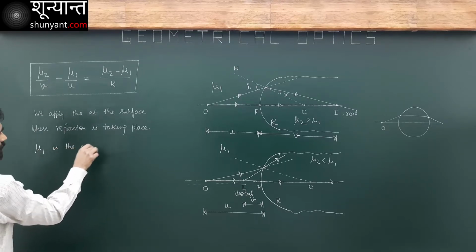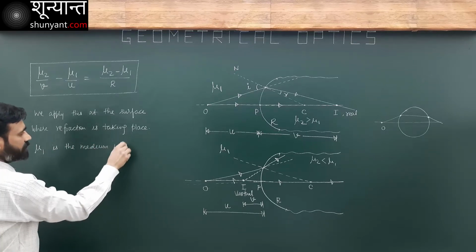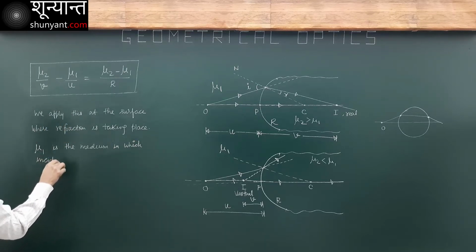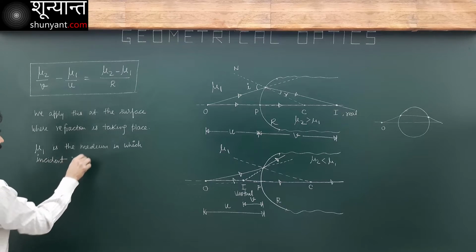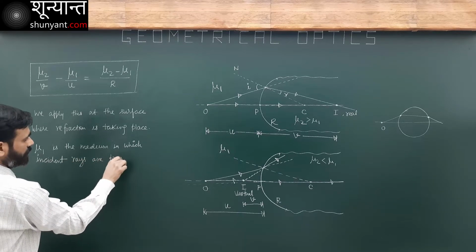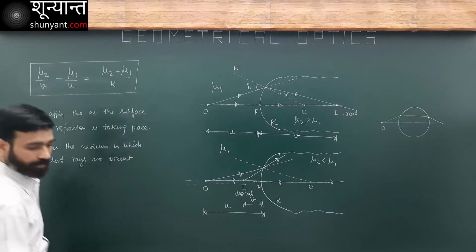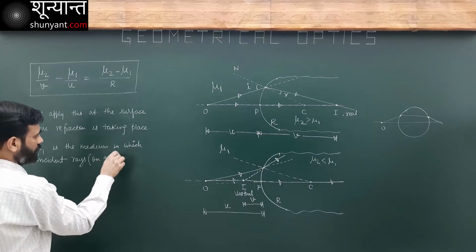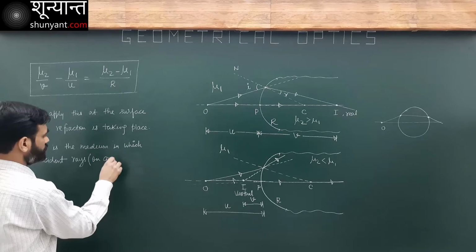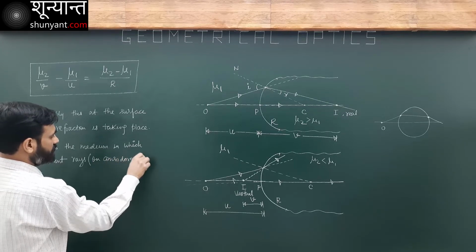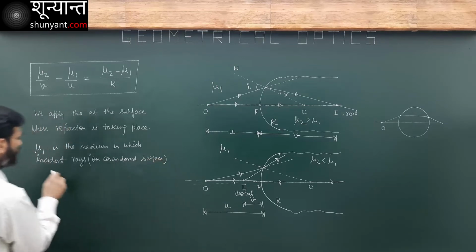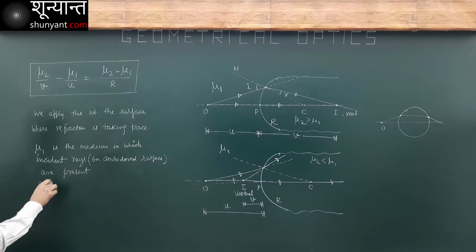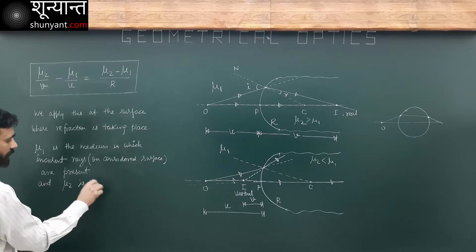Next, mu1 is the medium in which incident rays on the given surface, the considered surface, are present, and mu2 is the other medium.